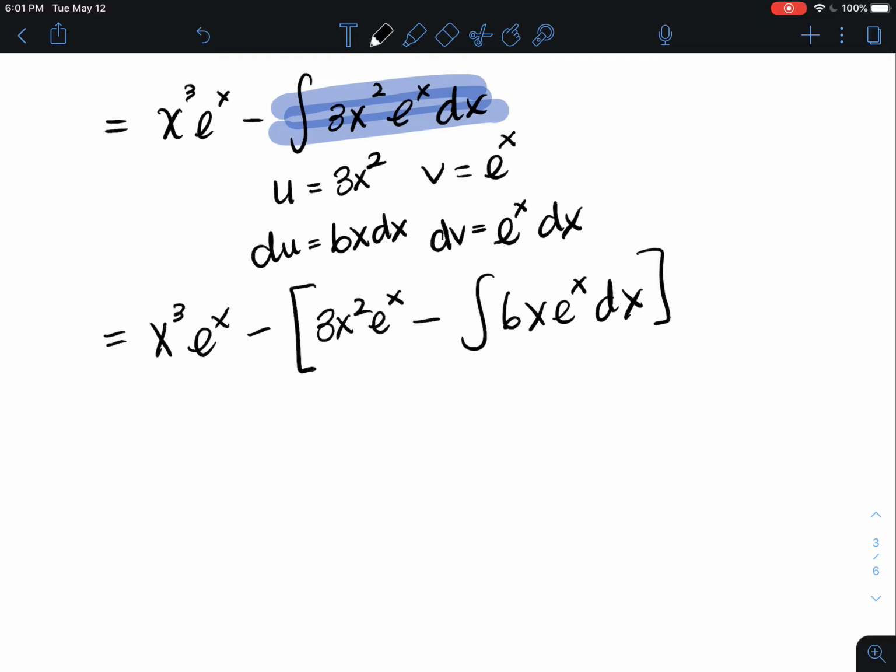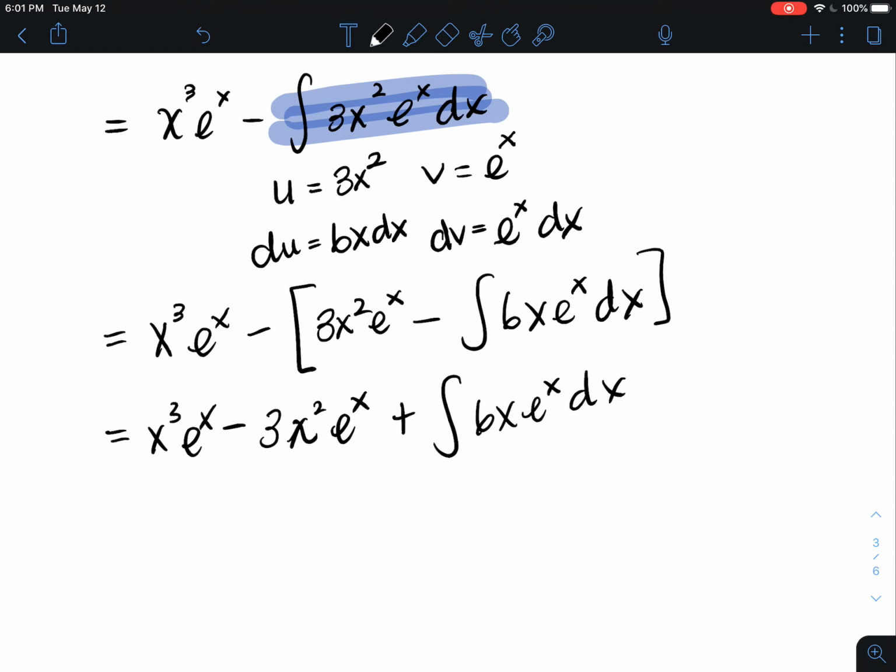Let me just distribute that negative. So I get x cubed e to the x minus 3x squared e to the x plus the integral of 6x e to the x dx.